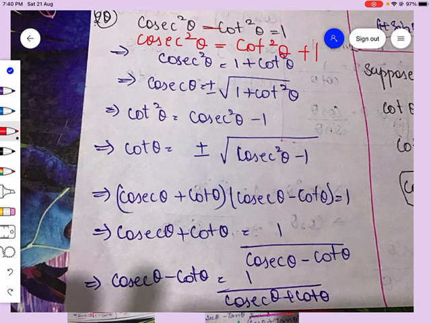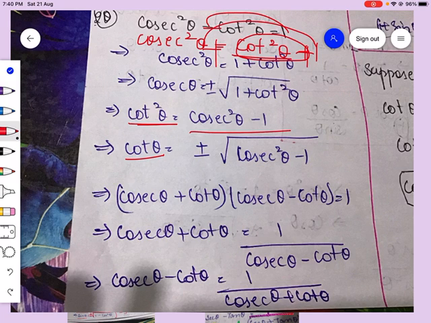We keep this cot square theta here only, and sending this plus 1 to the other side, it becomes minus 1. So we get cosecant square minus 1. Now cot theta we keep as it is, sending the square there, it becomes plus or minus under root cosecant square theta minus 1. Clear? This is one formula you got.